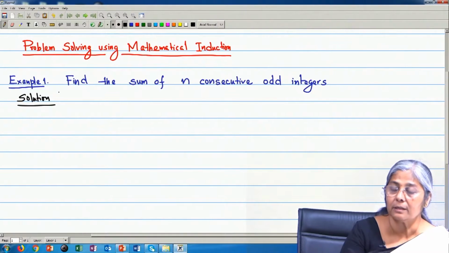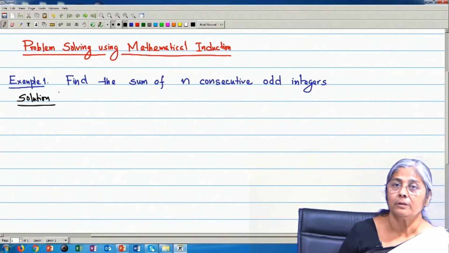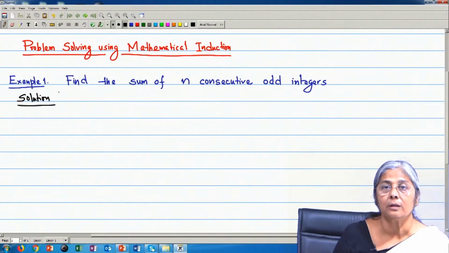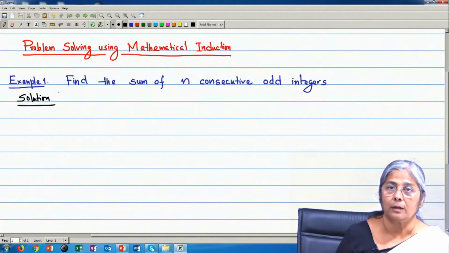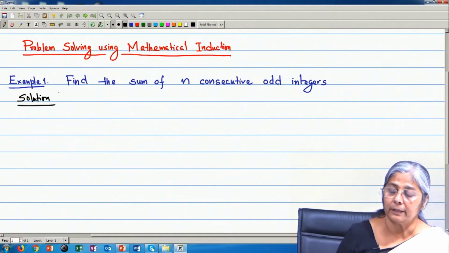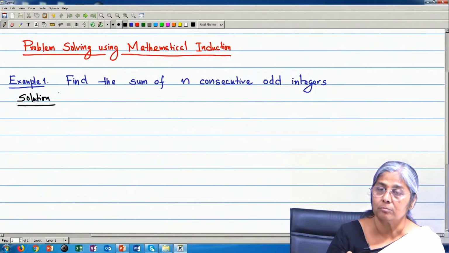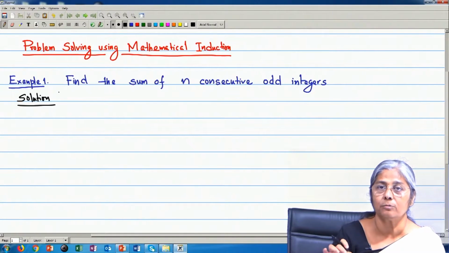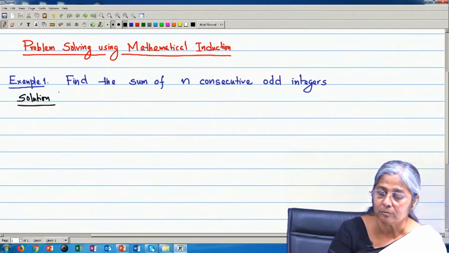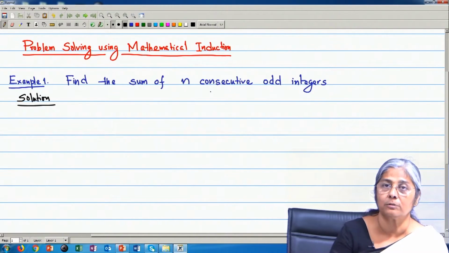We already discussed this type of problem. So, first we have to find a correct formula, and normally we do that by taking some primitive values and observing the sequences, and we try to identify or frame a formula for that. So, this is the sum of n consecutive odd numbers.